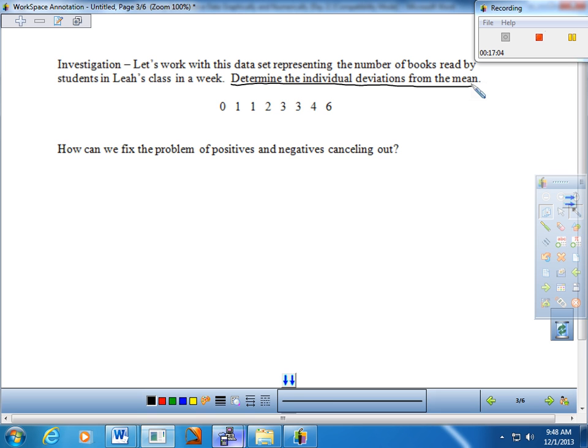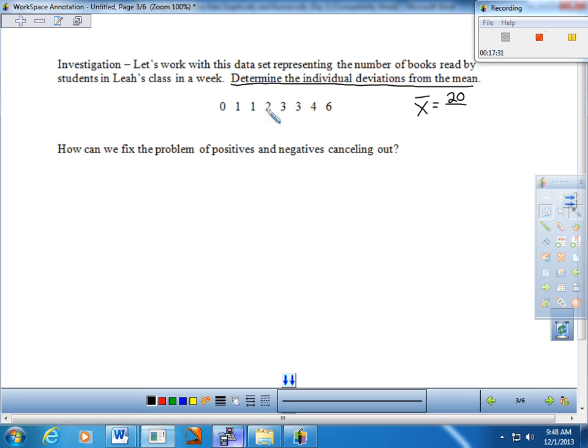All right, so the first order of business, guys, is we have to find the mean. So I'm going to just do this off to the side. Remember, x bar for the mean. Mean is very simple. Add them all up and divide by the number of values. So if I add all these up, 2, 4, 7, 10, 14, 20. So it looks like the sum of the books would be 20.